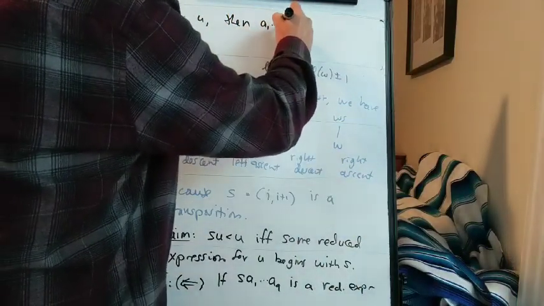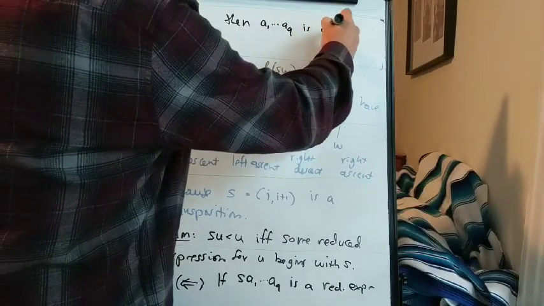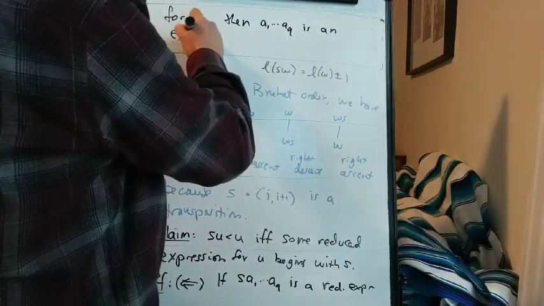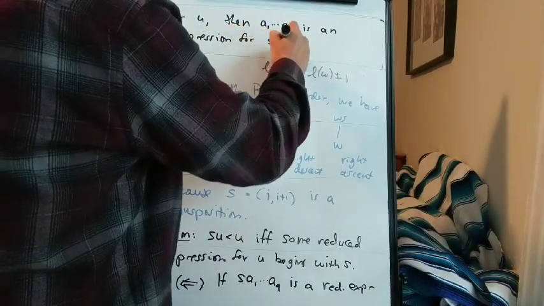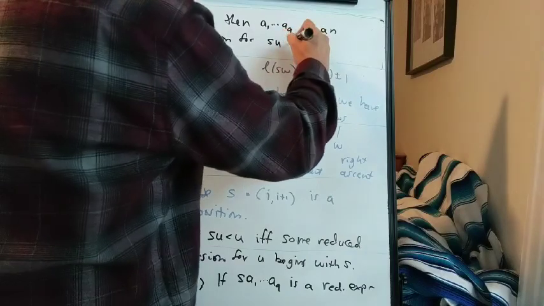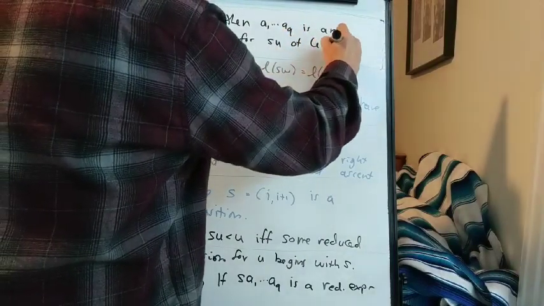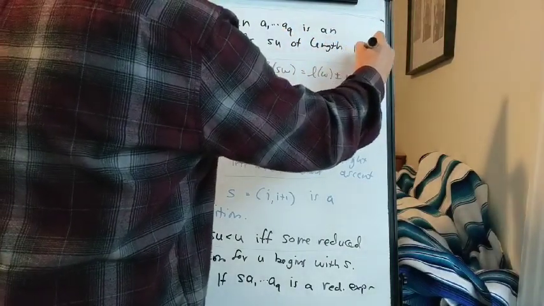Then A1 through AQ is an expression for SU of length 1 less.